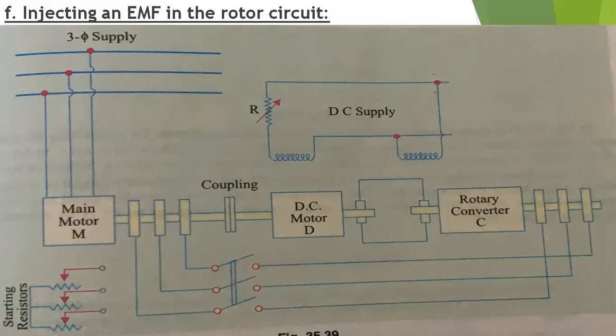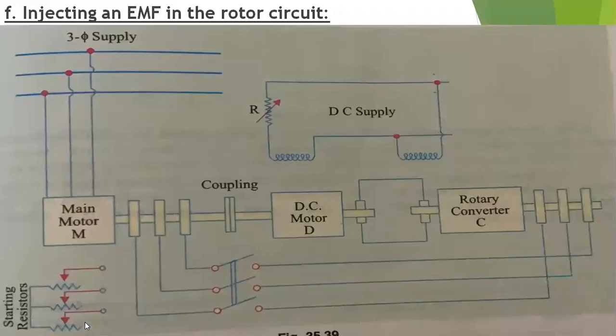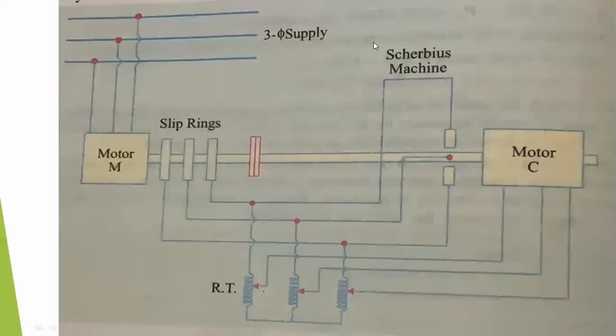For injecting an EMF in the rotor circuit, we have another method. The previous one is the Cramer system, and this is called the Scherbius system, also used for controlling the speed of induction motors. Here the slip energy is not converted into DC to drive a DC motor; rather, it is fed to a special three-phase commutator machine called the Scherbius machine.